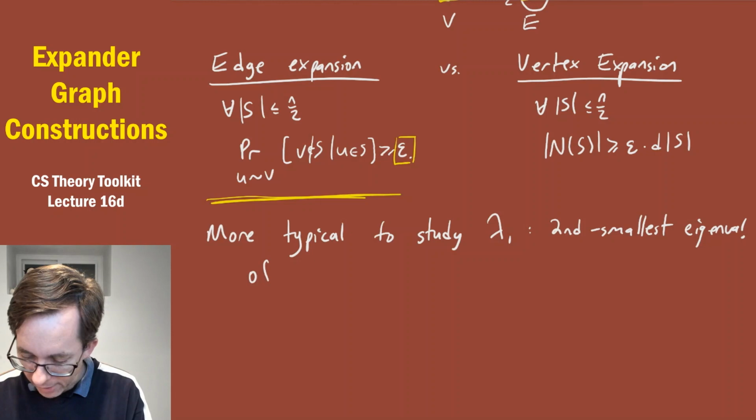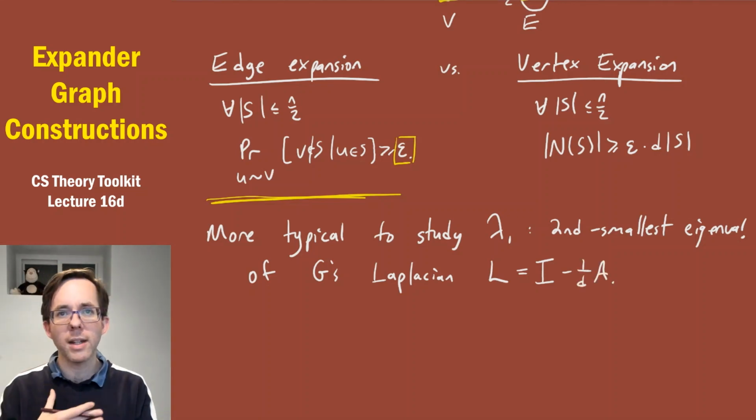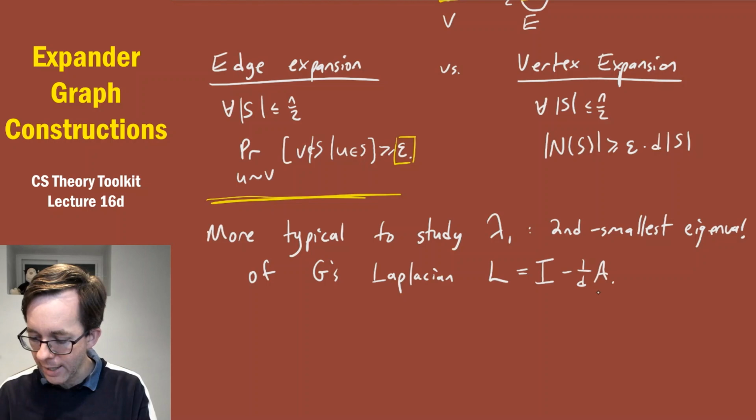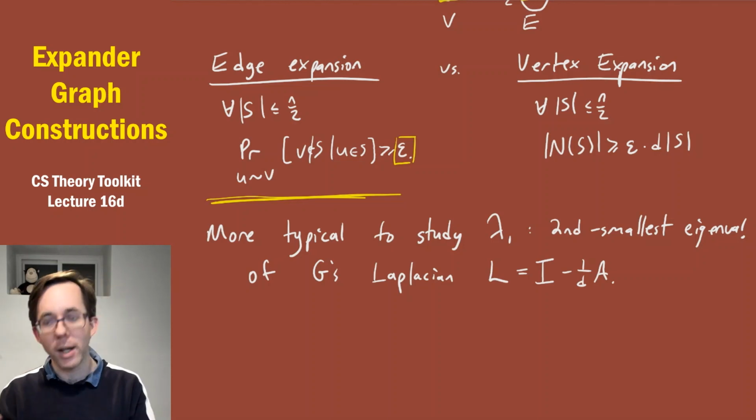of G's Laplacian, your graph's Laplacian, which, let me just remind you, L, the normalized Laplacian, is the identity matrix minus the normalized adjacency matrix. Okay, so we're in the setting of regular graphs now. So A is the adjacency matrix of the graph, 1 over D times A is the normalized adjacency matrix, and the Laplacian is the identity minus that.